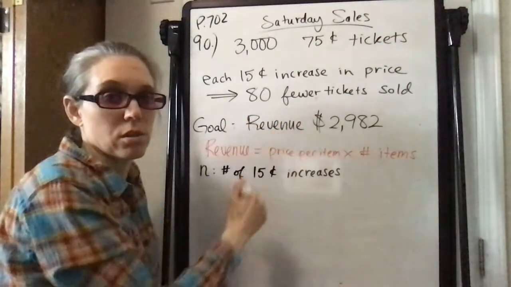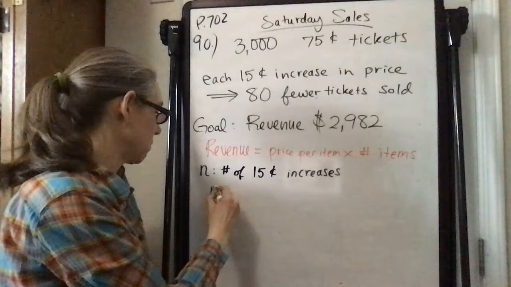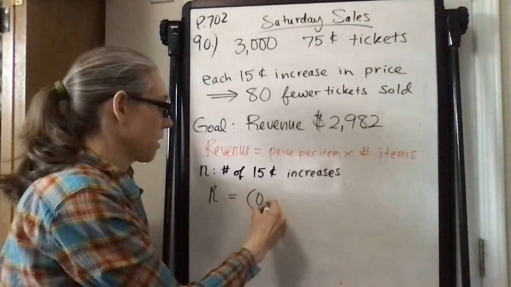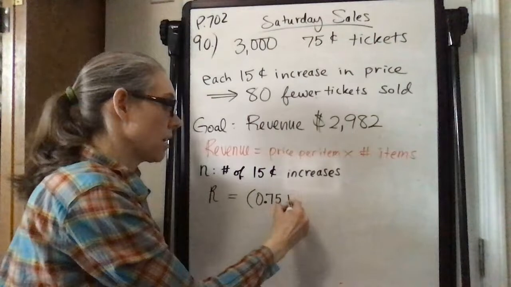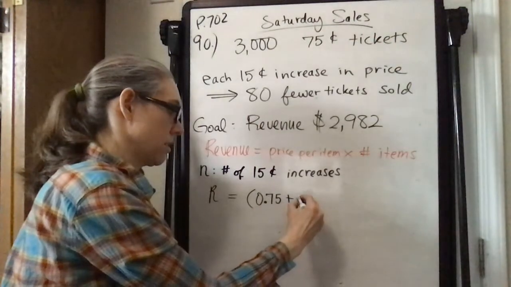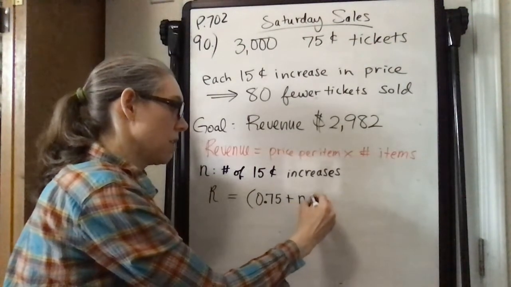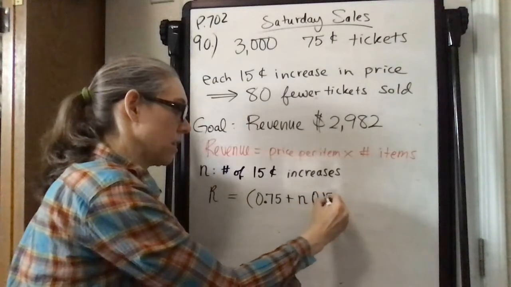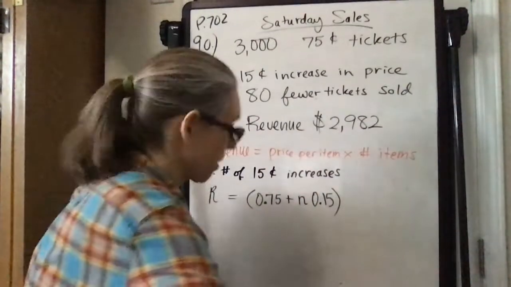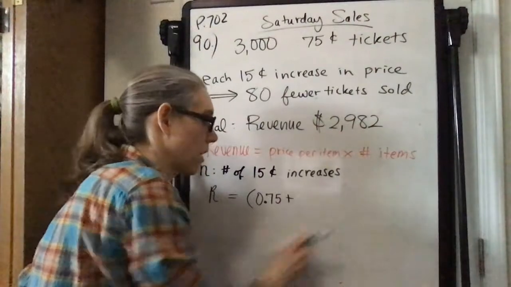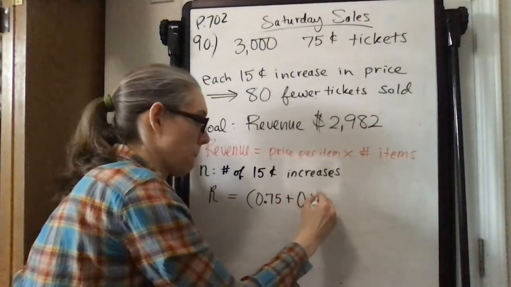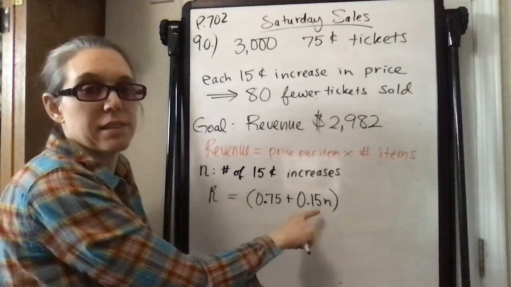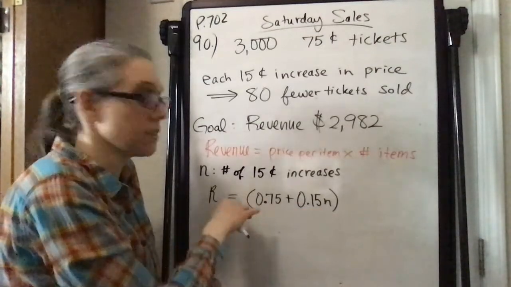So each time you have an increase of 15 cents, you're going to have a decrease of 80 tickets sold. So the revenue here is going to be, the price per ticket is going to be 75 cents plus n multiples of 15. Suppose I should write that the other way around, 0.15 n. So this is the multiples of 15 cents above 75 cents.